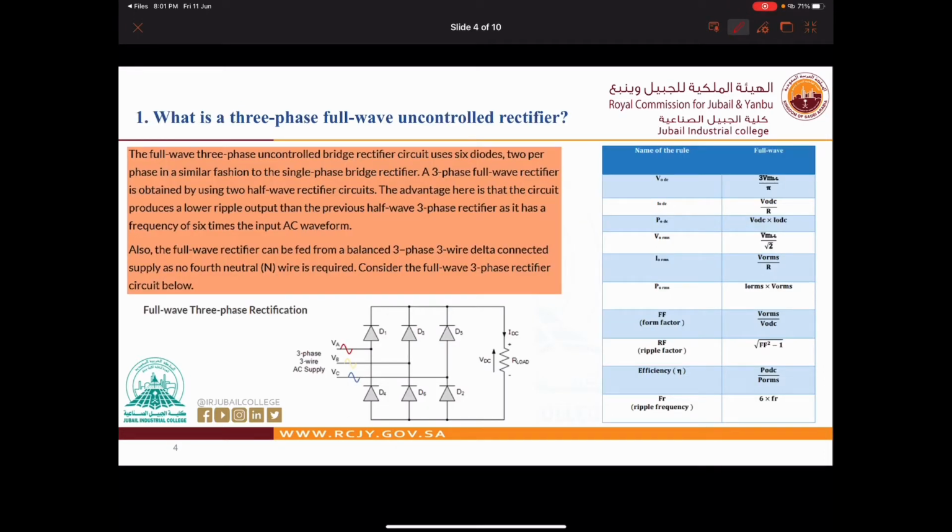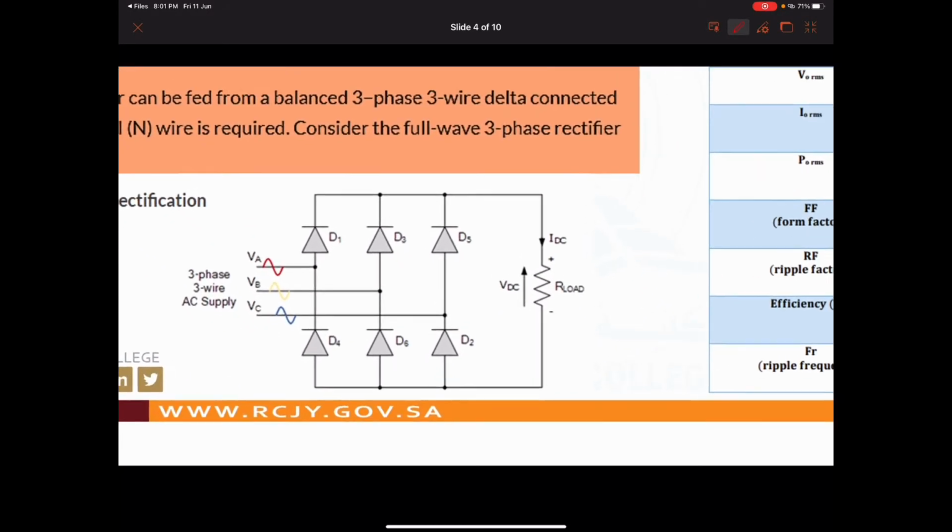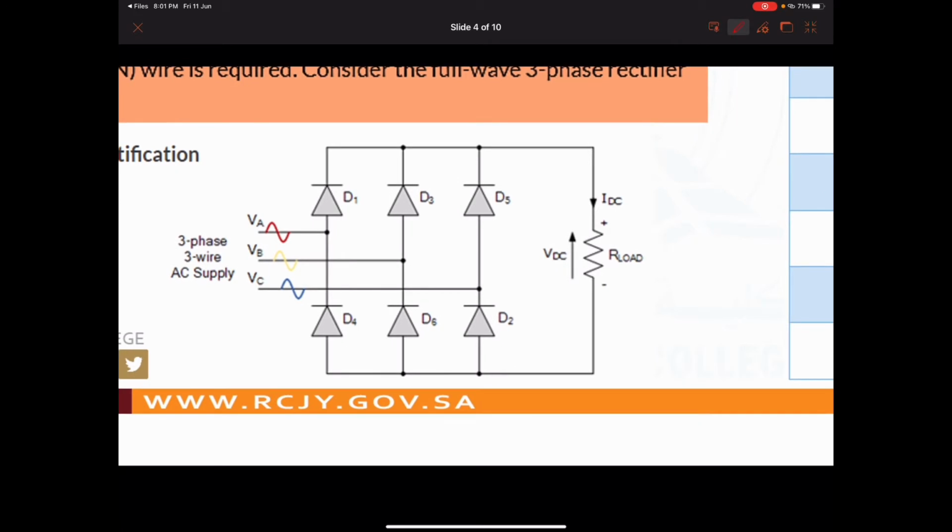Now, if you can see here, shabab, this is our circuit. In this circuit we have again a 3-phase, 3-wire supply. This is very important, shabab. When I say 3 wires, I mean there is no neutral. Neutral is not there.